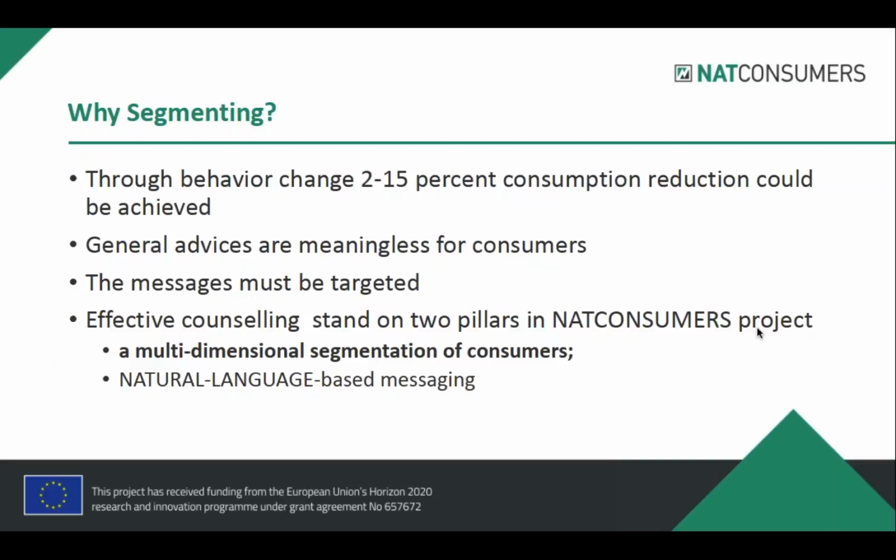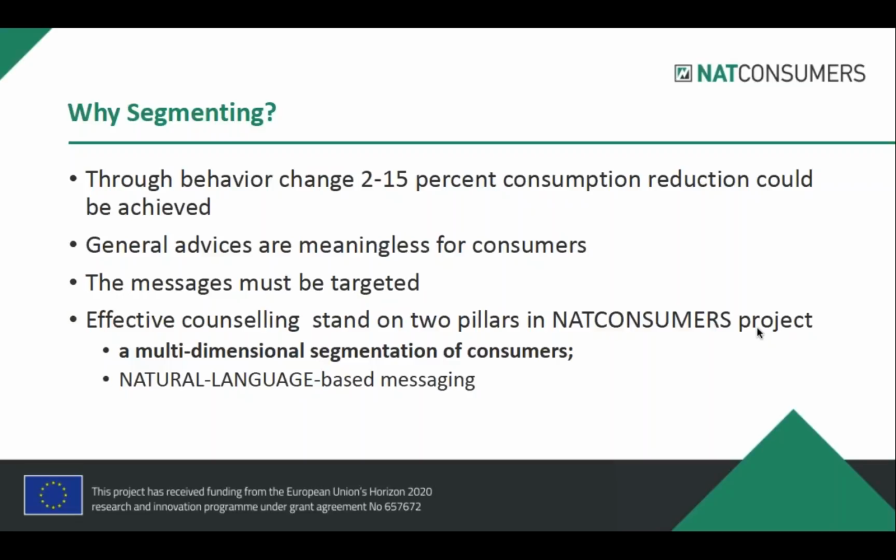And a very important thing: if you give general advice to your consumers, this advice will be mostly meaningless for them. So you need to target the message, and in our project we try to make our messages as tailored as possible.